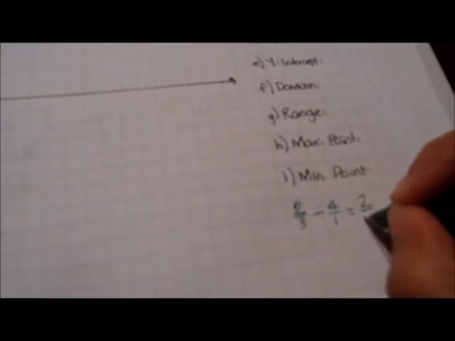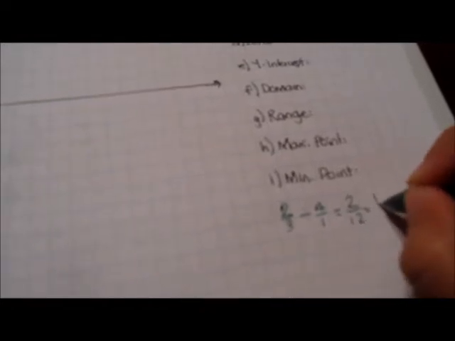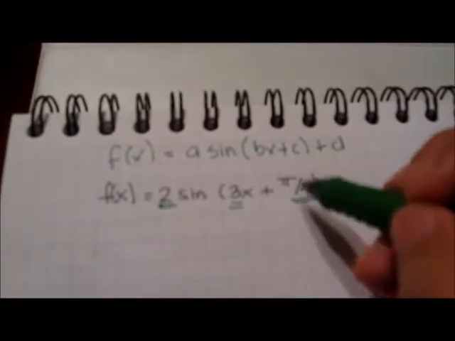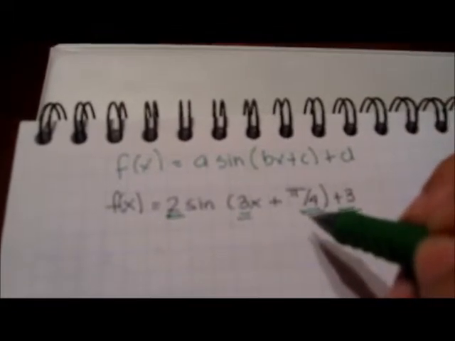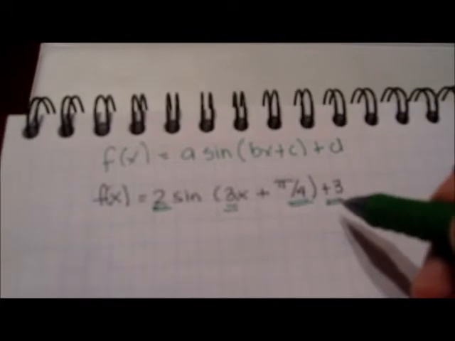And 2/3 divided by 4 equals 2 over 12, that equals 1/6. So my constant equals 1/6 of pi. This is my constant. Now, my C represents my horizontal phase shift, and my D equals my vertical phase shift.